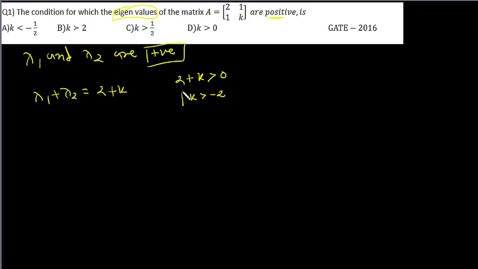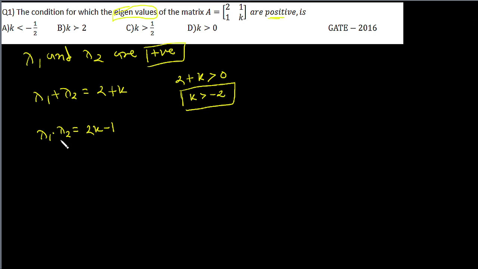Now we also use the second property, that the product of the two eigenvalues is the determinant of the matrix. So lambda 1 multiplied by lambda 2 equals the determinant, which is 2k minus 1.